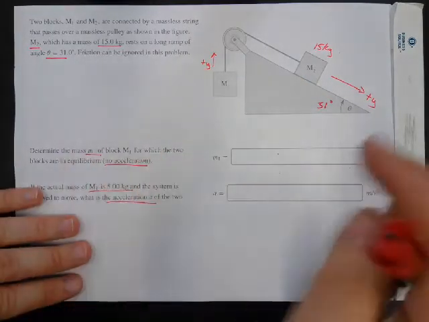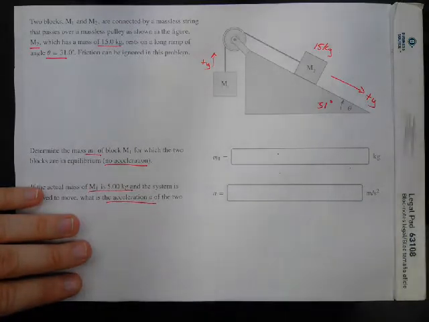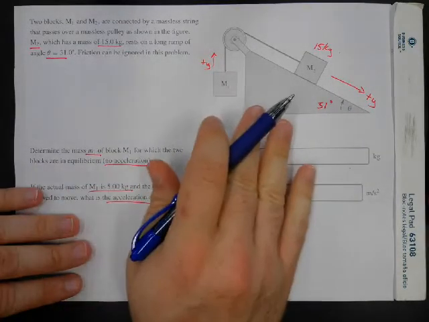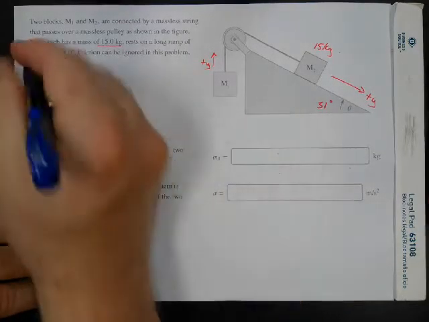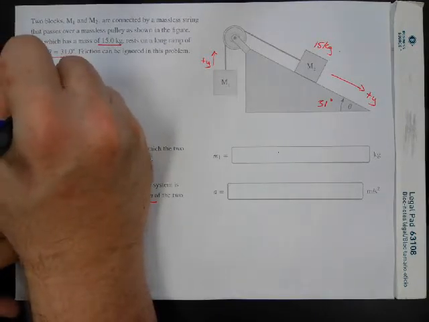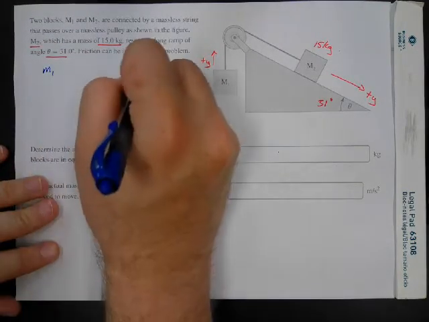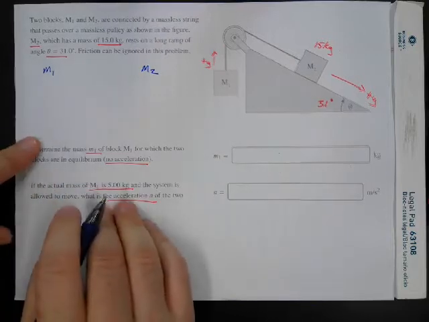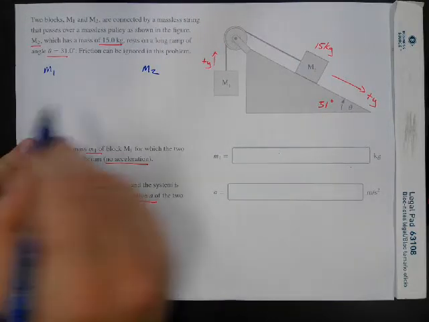So now we're going to draw free body diagrams for these. And we have to draw two of them. So we label them mass 1, and then over here mass 2. So we'll do mass 1 first.